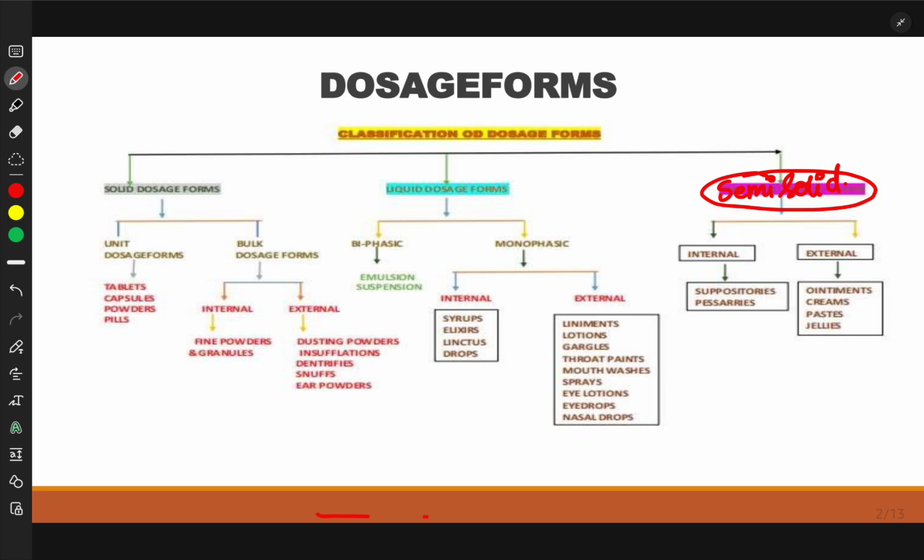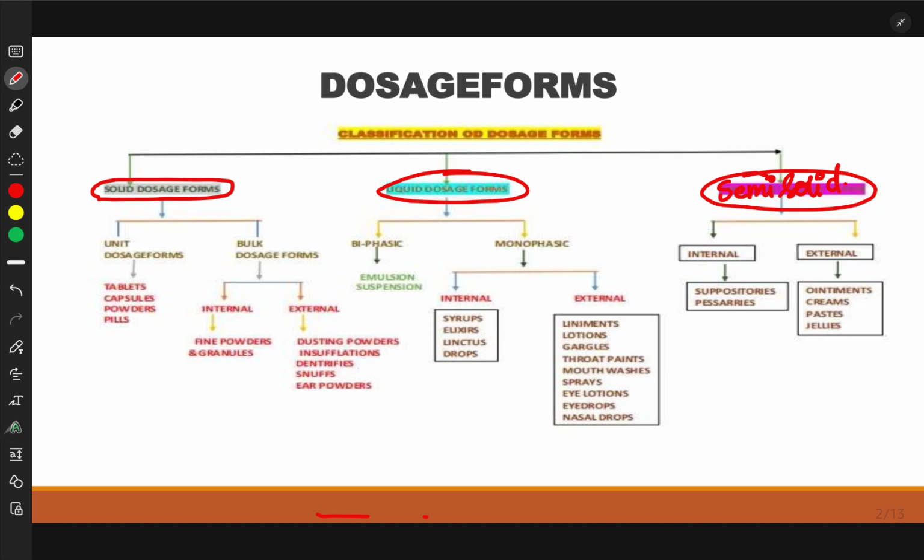They cannot be solids or semi-solids. So based on the requirements, these types of APIs are transformed into the dosage form. We'll see each type of dosage form, solid and liquid, separately, going through every detail at micro level, which is very helpful for your GPAT preparation.